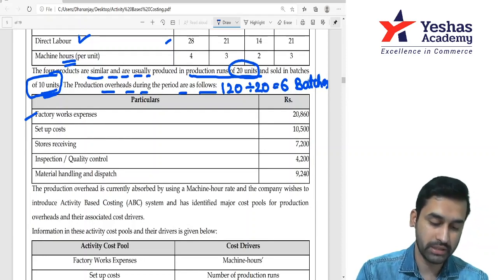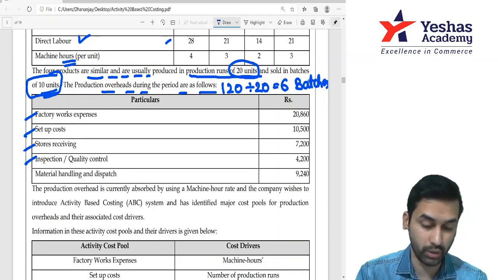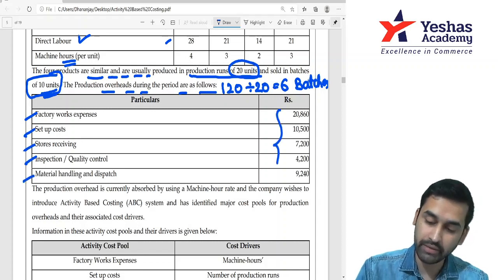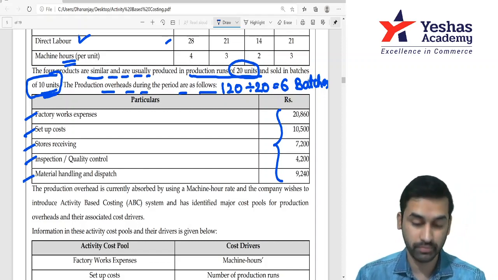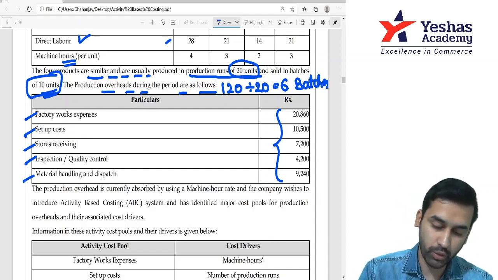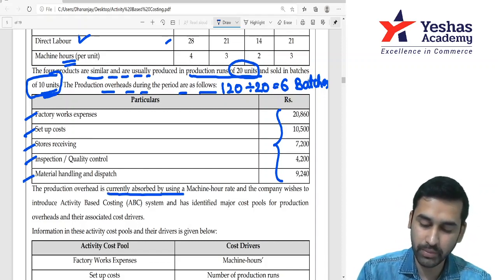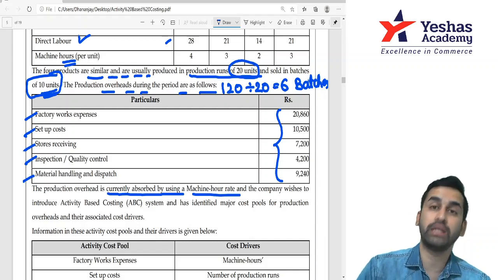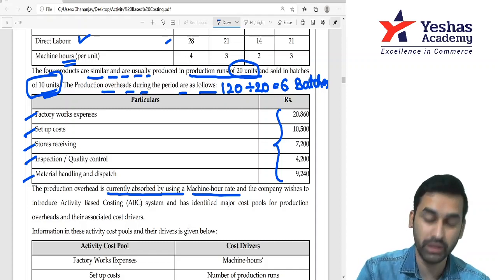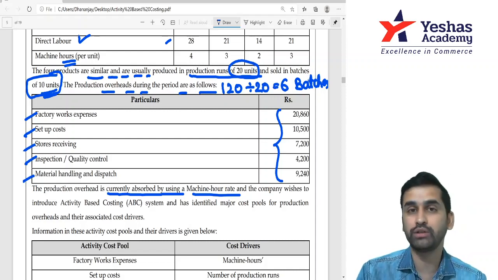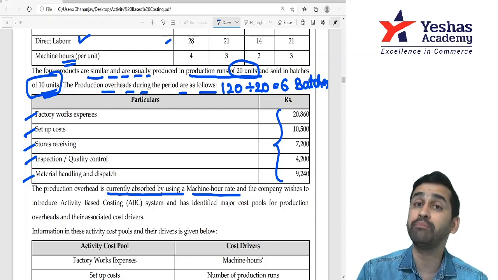Factory works, setup cost, stores receiving, inspection or quality control, material handling. They have given 5 overheads to you for 5 different departments. Okay. The production overhead is currently absorbed using MHR. That means current method, present method. The company's policy is to estimate overhead based on machine hour rate, MHR.